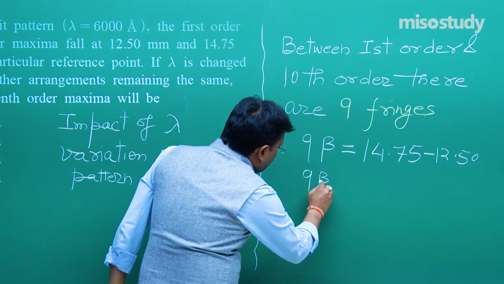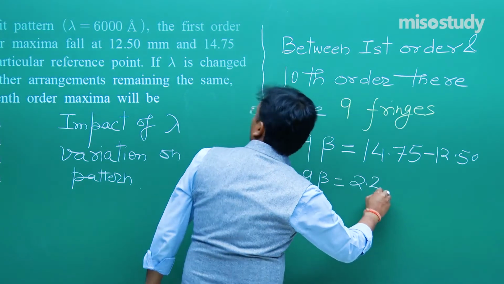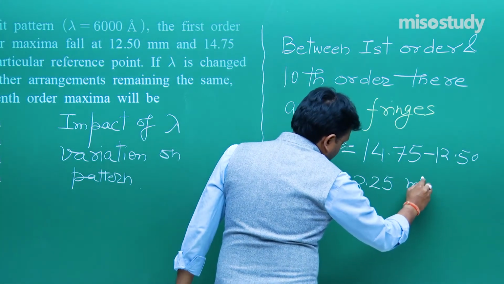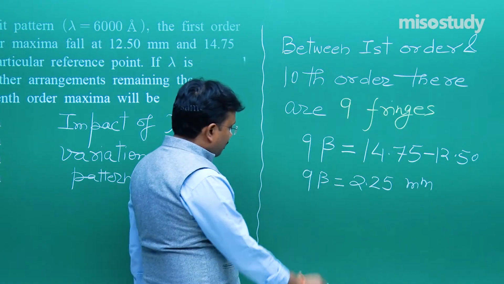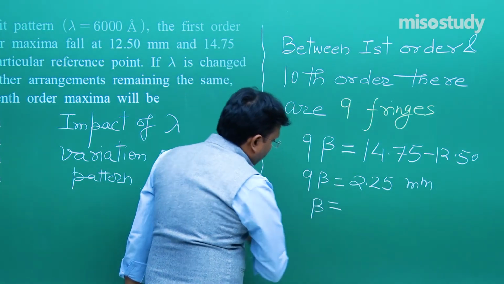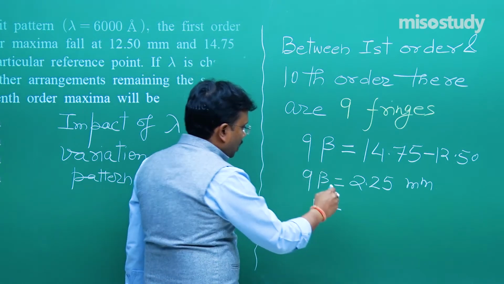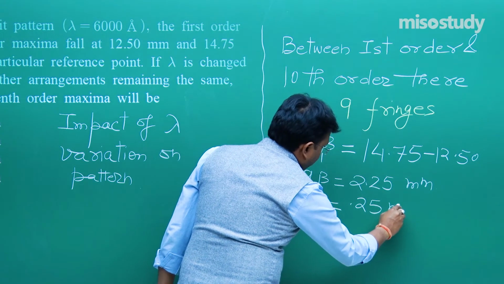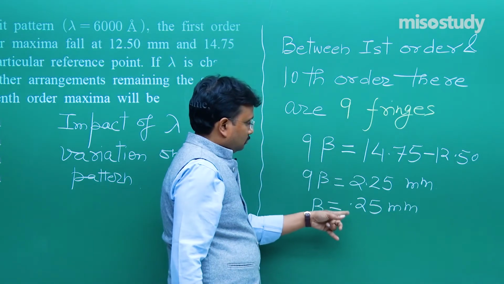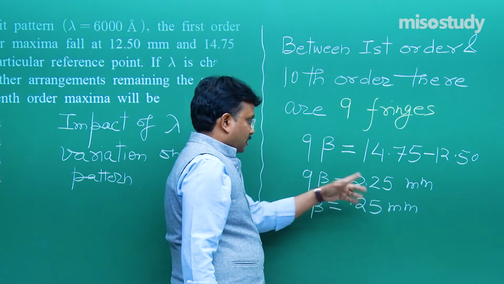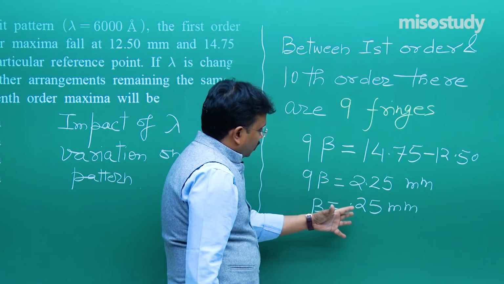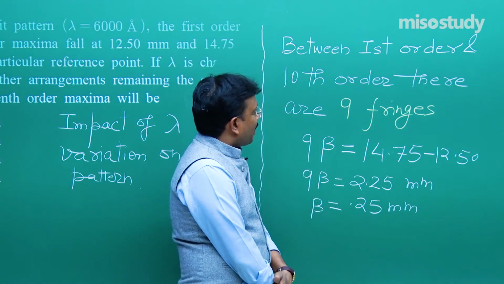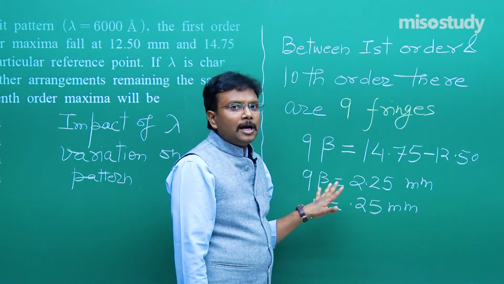It will give you 9 beta is equal to 2.25 mm. It means beta is equal to 0.25 mm. Yes, fine. So, it is going to be 0.25 mm. This is one statement, and I hope as such this first explanation is clear to all of you.